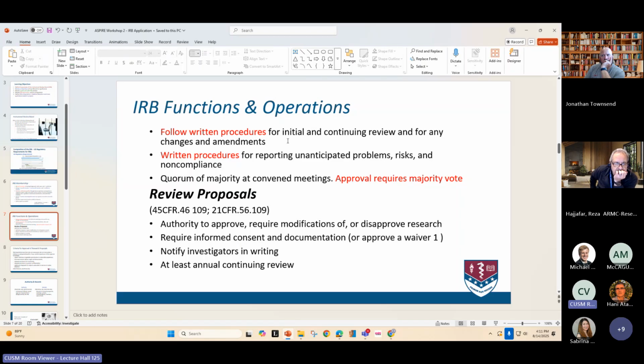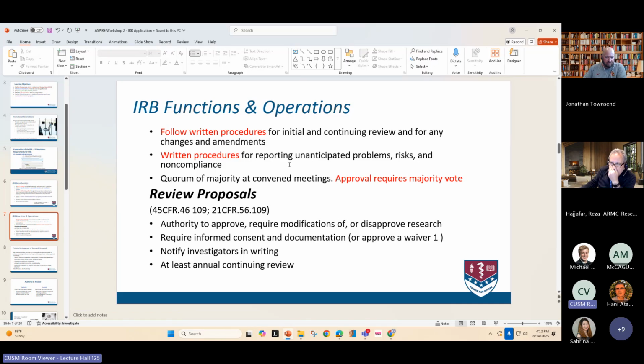So they have to follow written procedures for the initial and continuing review of any changes and amendments. By following written procedures, that means these applications must be a written application submitted to the IRB. And when they say written, it is in a document. Typically, you can put it in an electronic document as a PDF file that can be submitted to our IRB.